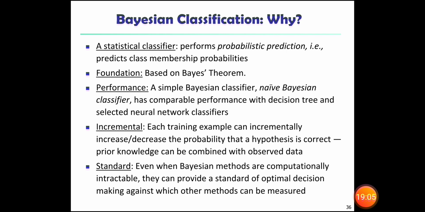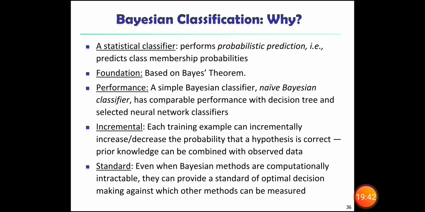And here we have one property that is incremental, in which each training example can incrementally increase or decrease the probability that a hypothesis is correct. Prior knowledge can be combined with the observed data. So when we have training, it can be either increased or decreased, but it can be performed incrementally.